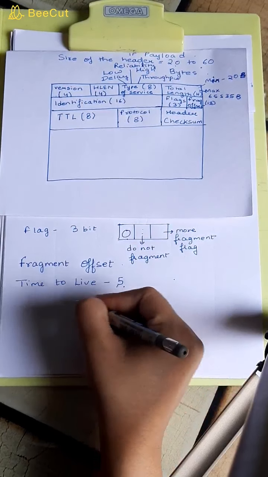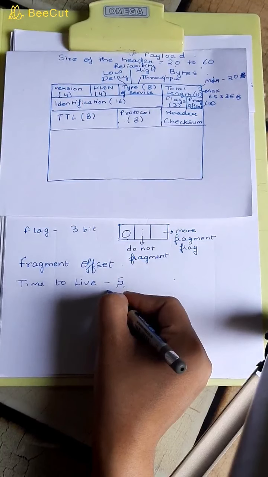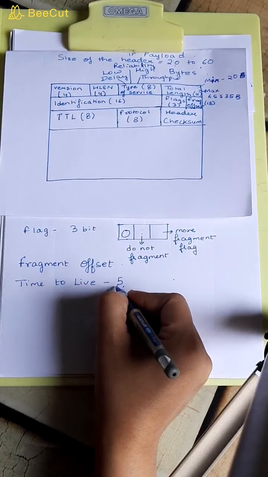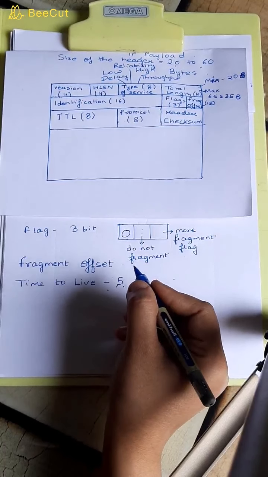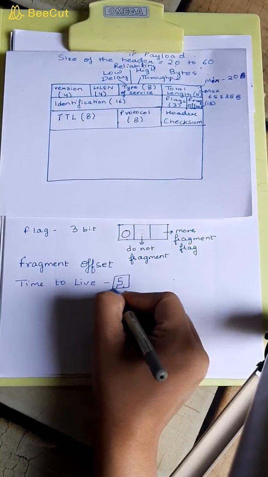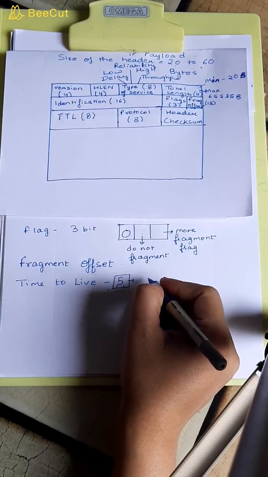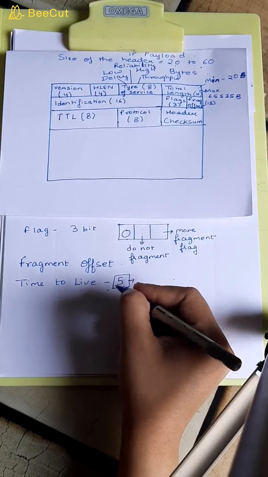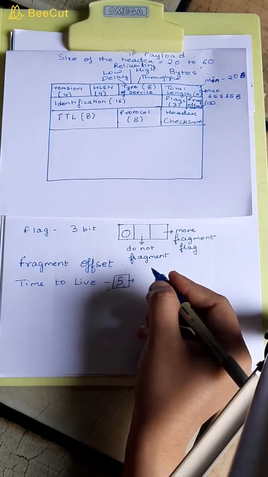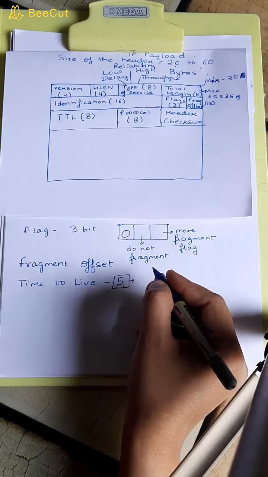This is done so that looping should not occur. So time to live is a very important field, and it gives us the information for how many hops your packet will be alive.